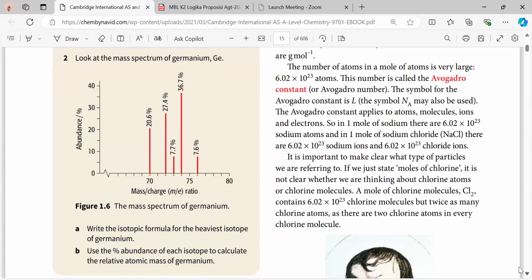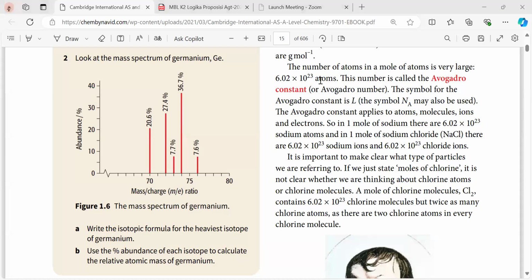So in 1 mole of sodium, there are 6.02 times 10 to the power of 23 sodium atoms. And in 1 mole of sodium chloride, there are 6.02 times 10 to the power of 23 sodium ions, and you can see it right here, 6.02 times 10 to the power of 23 chloride ions.